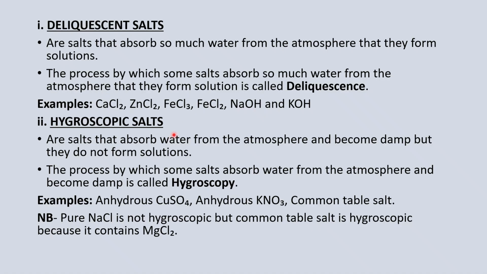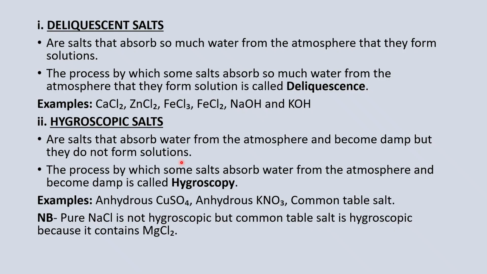The second type of salts we look at is hygroscopic salts. What are hygroscopic salts? Hygroscopic salts are salts that absorb water from the atmosphere and they become damp, but they do not form solutions.